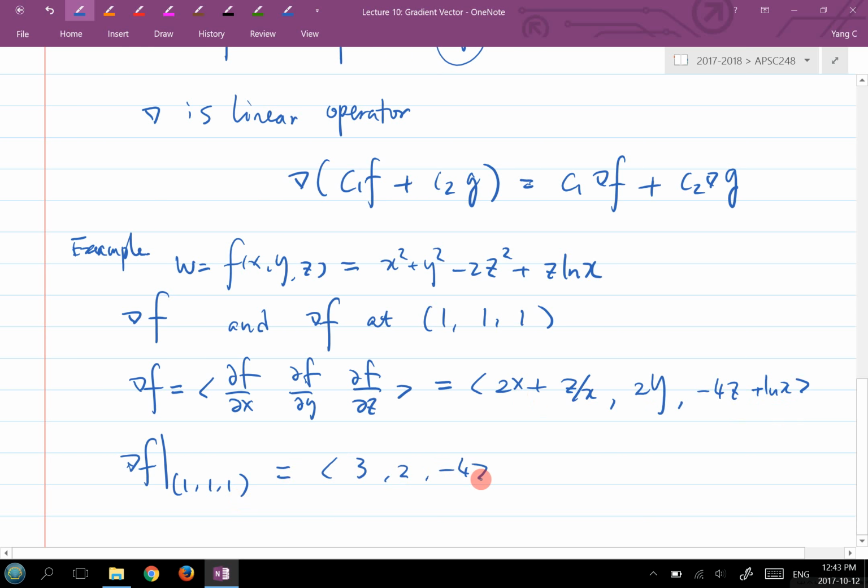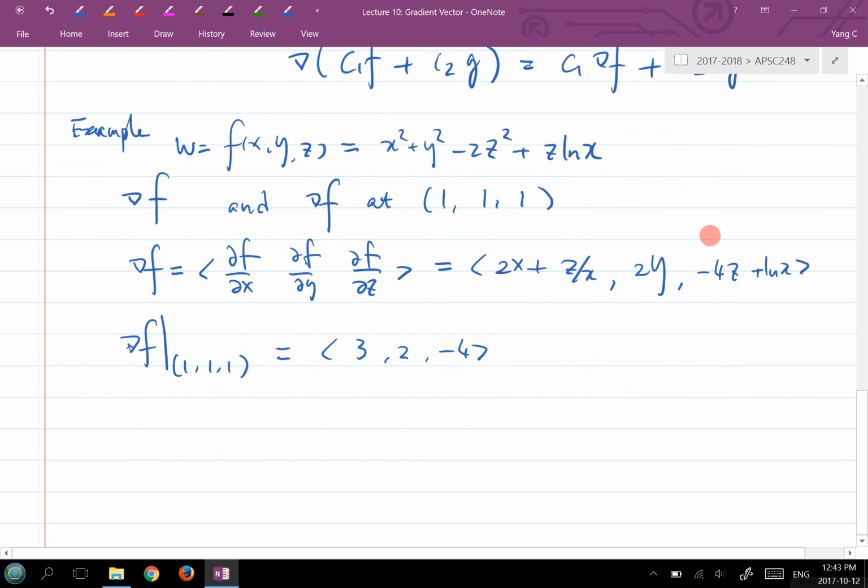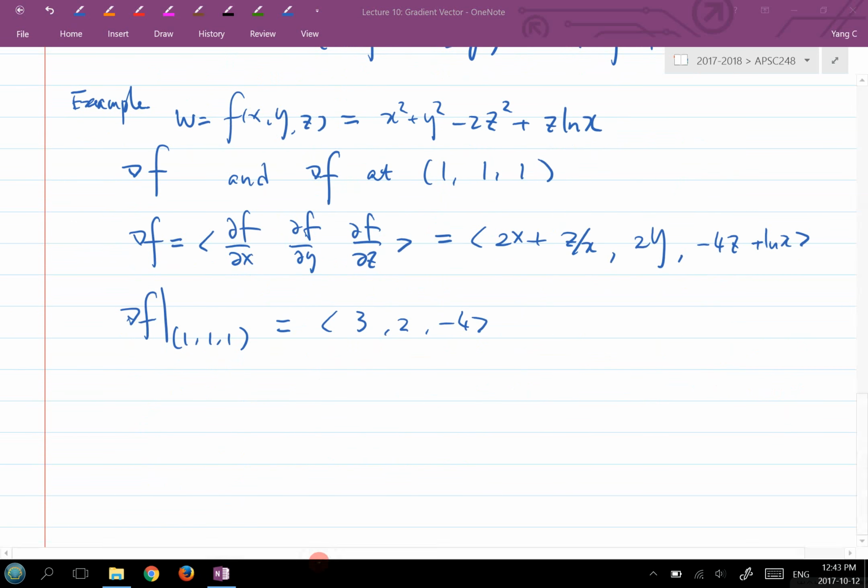Let me give you another example right here. This example is a function of 2 variables, whereas the previous function had 3 variables. When you have a function of 3 variables, the gradient vector gives you a 3D vector, pointing to a direction in 3D space.